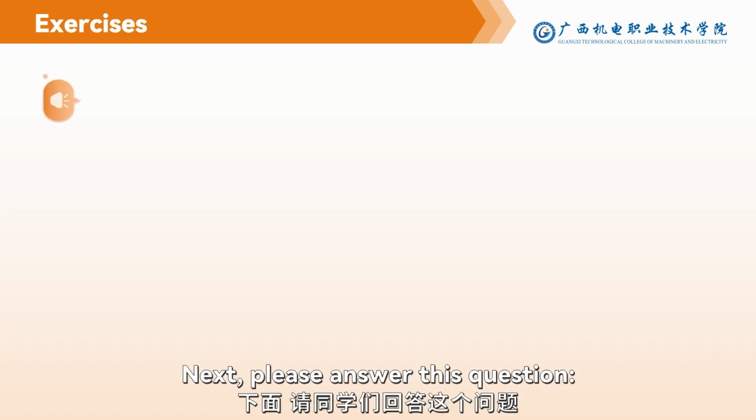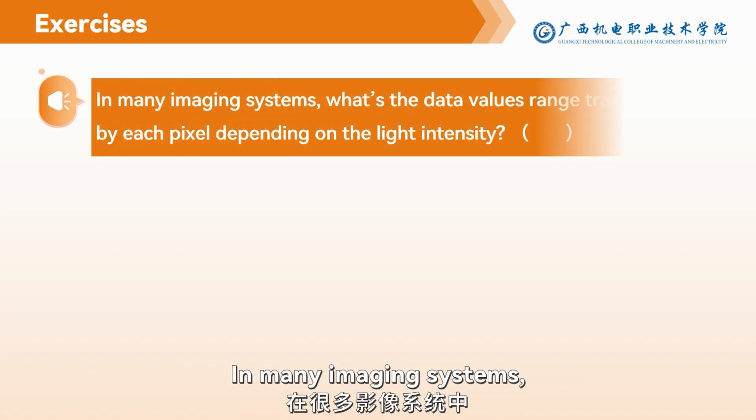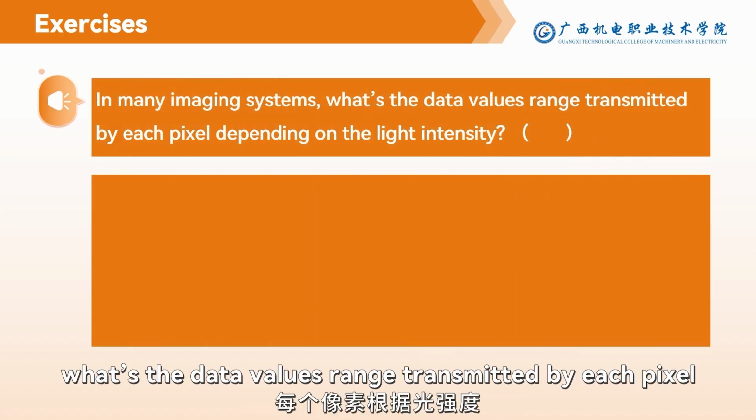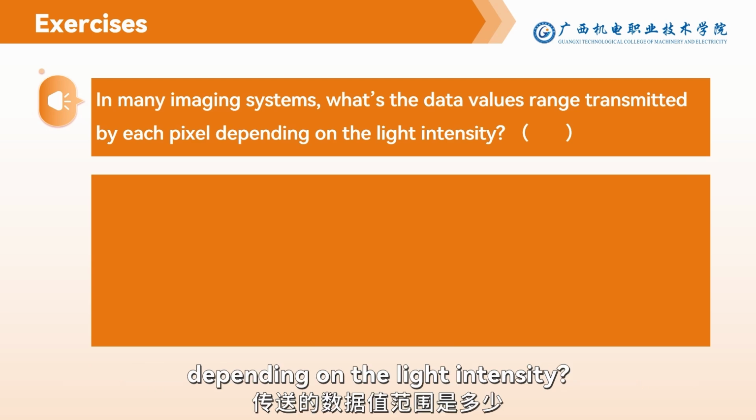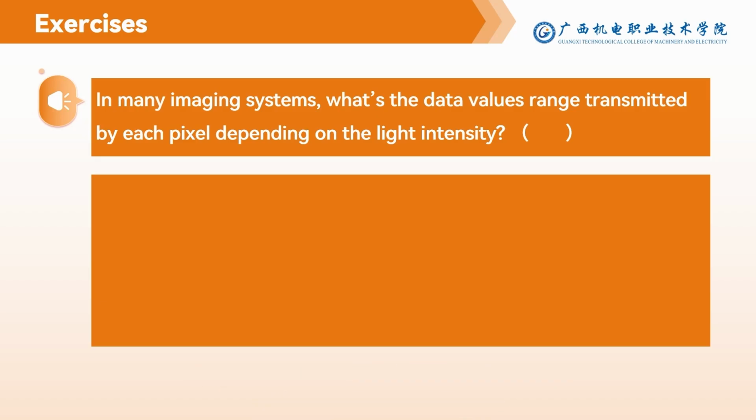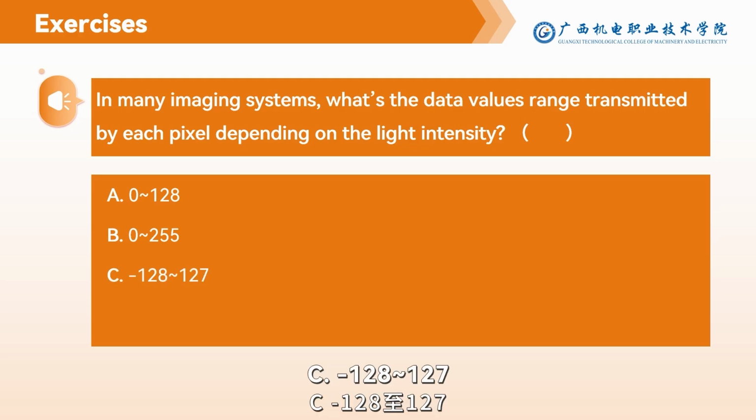Next, please answer this question. In many imaging systems, what's the data values range transmitted by each pixel depending on the light intensity? A. 0 to 128. B. 10 to 155. C. Minus 128 to 127.